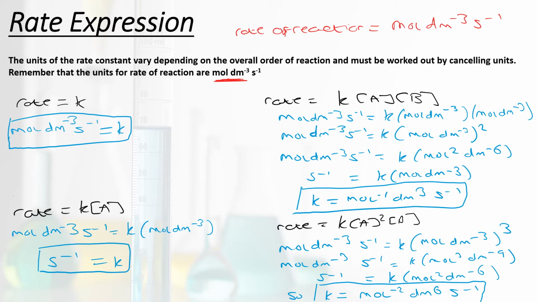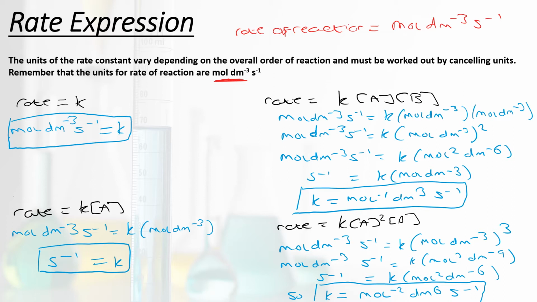And then finally, if I have a rate law which is rate equals k, concentration of A squared, concentration of B, so this is a third order reaction, we have mole per decimeter cubed per second on the left-hand side, then k, and essentially 3 lots of mole per decimeter cubed on the right-hand side.